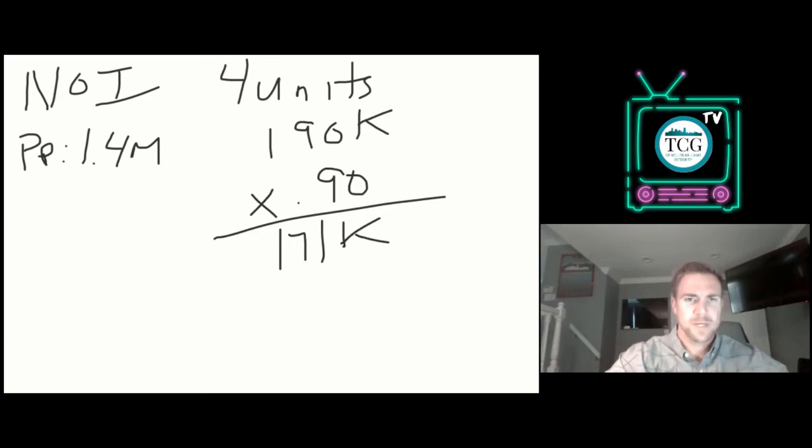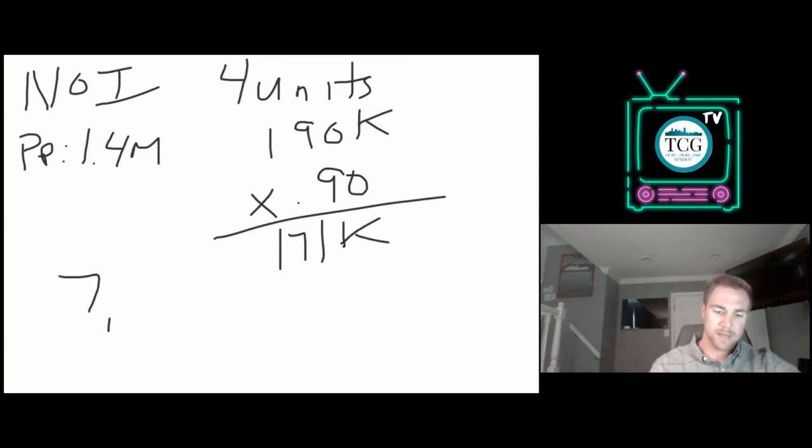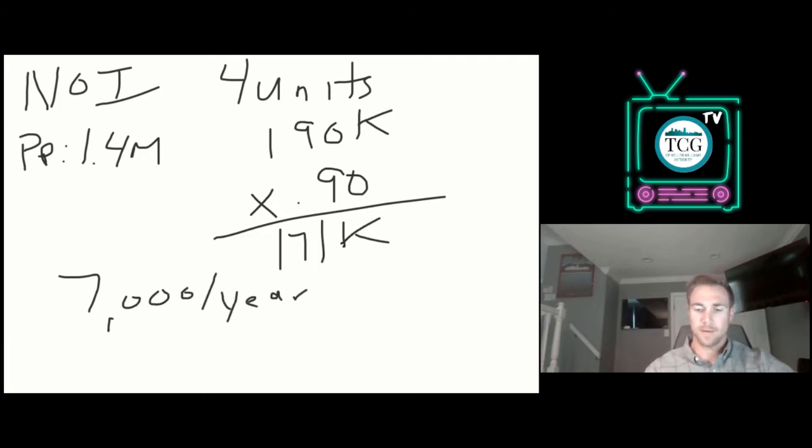So for this particular deal, we put away $7,000 per year for roof and parking lot replacement, which we call our capital expenditure expense.